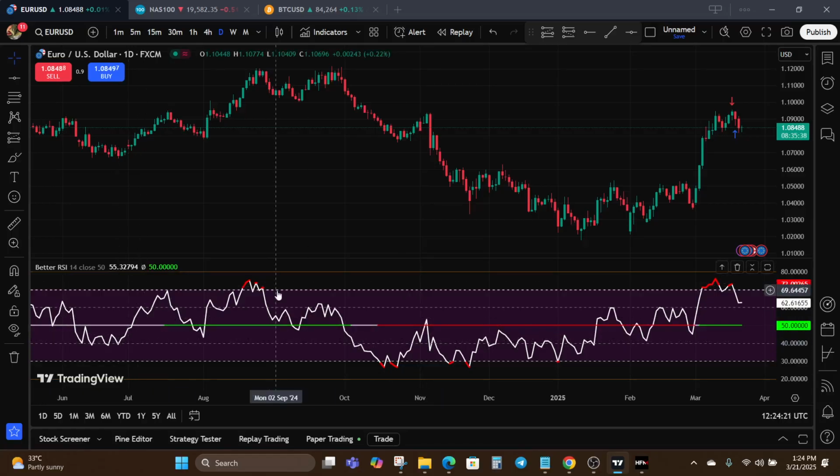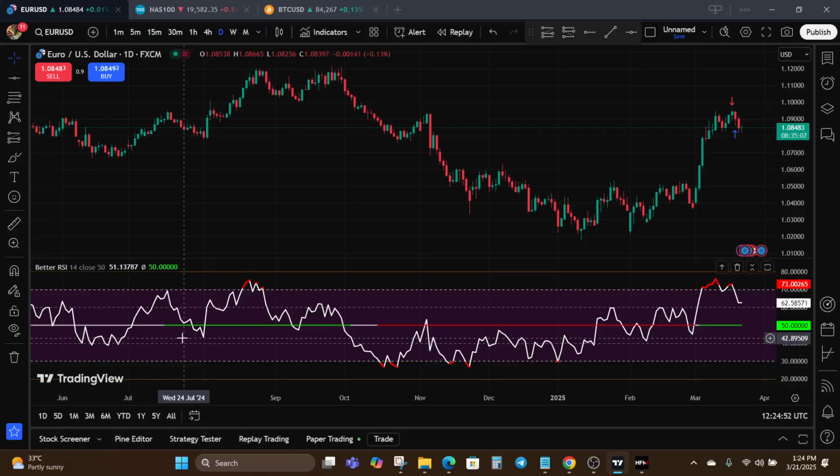While the classic RSI can sometimes give false signals due to sudden price spikes, the Better RSI indicator eliminates this issue by smoothing out noise for more reliable trade entries, right? And adjusting overbought and oversold levels dynamically based on market conditions. And then it can also help you improve your trend confirmation so that you don't get caught in false reversals.